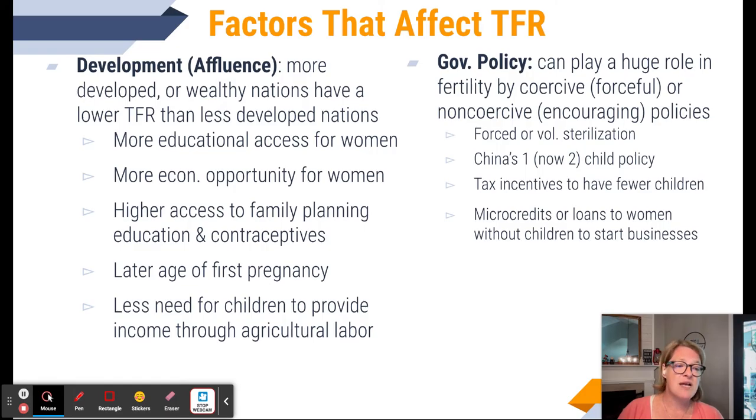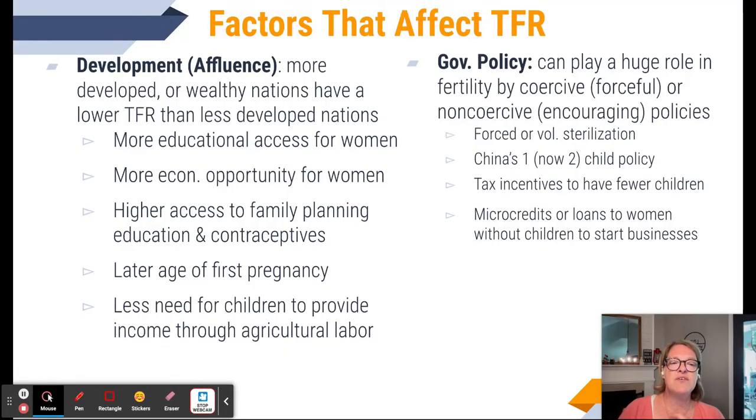The very famous example was China's previous one-child policy. I believe it's now a two-child policy, but that can play a huge role in fertility by forcing or encouraging policies. So we can either have coercive or forceful policies, or non-coercive or encouraging policies.